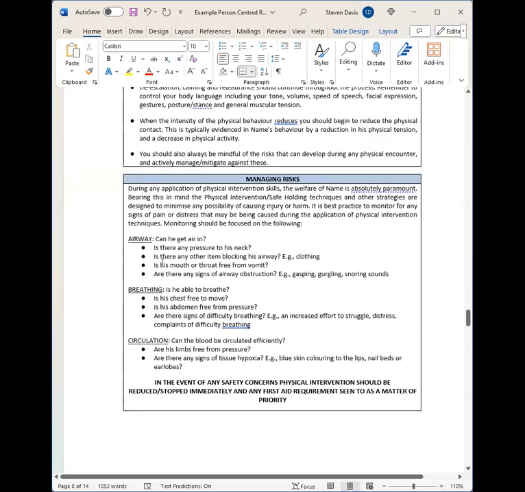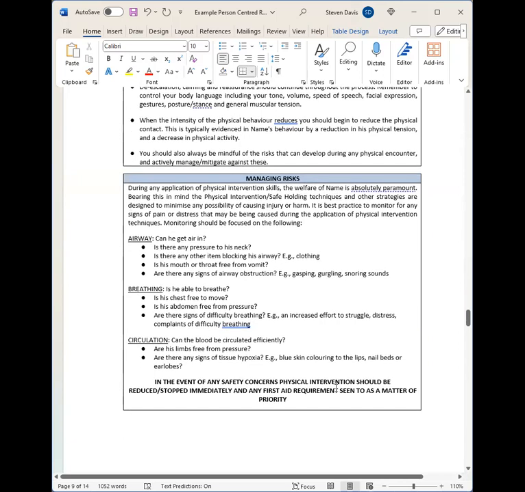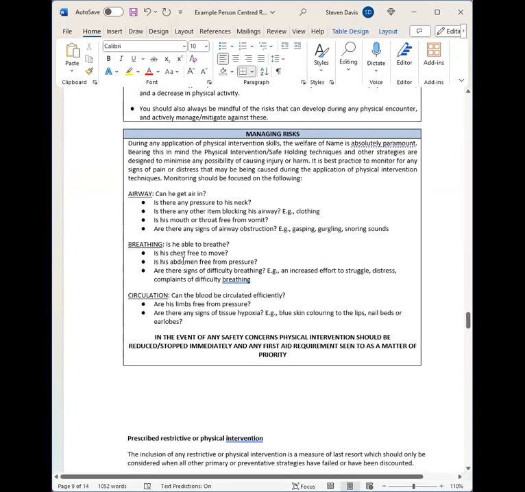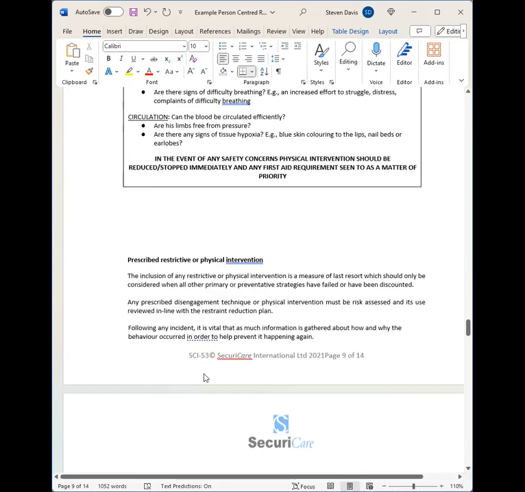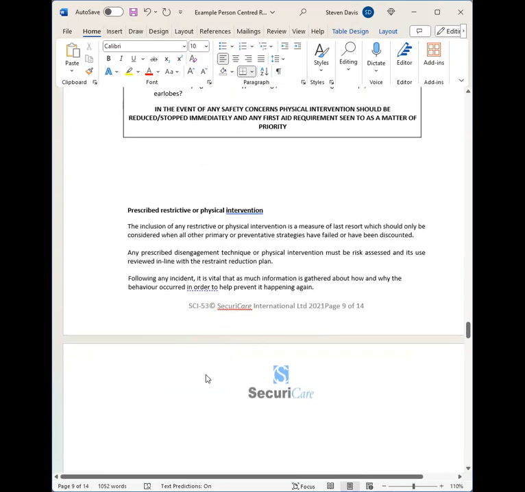And then again, thinking about those risks. This is normally there for all of the individuals. We should always be thinking about checking their welfare, their well-being, and the ABCs. Are they breathing? Is their airway clear? And we've not restricted them where you can see we've cut off oxygen supplies, for example. And then finally, we've got our prescribed restrictive or physical interventions.